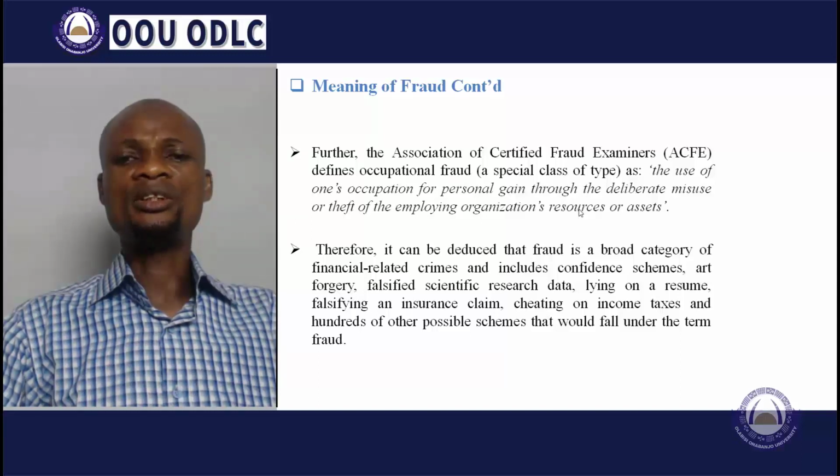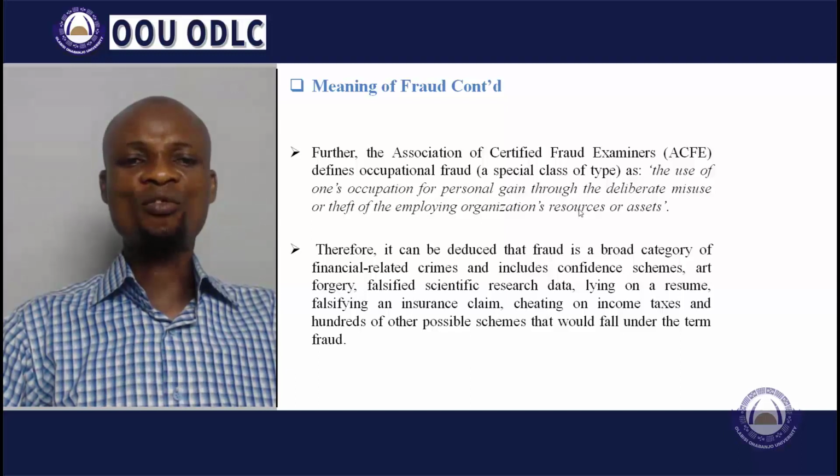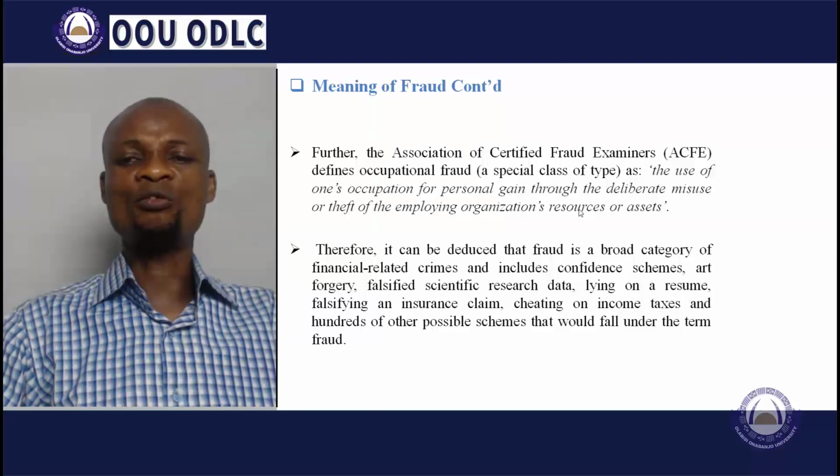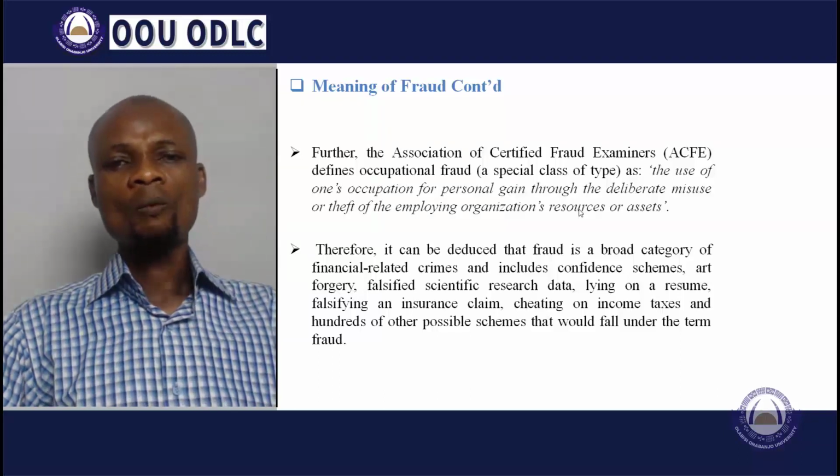Therefore, it can be deduced that fraud is a broad category of financial related crimes, and it includes confidence schemes, forgery, falsified scientific research data, lying on a resume, falsifying an insurance claim, cheating on income taxes, and hundreds of other possible schemes that will fall under the term fraud.